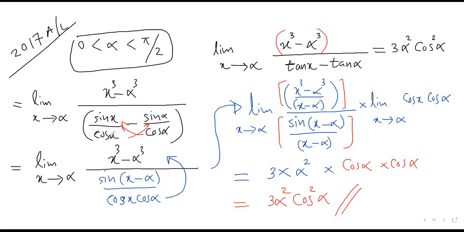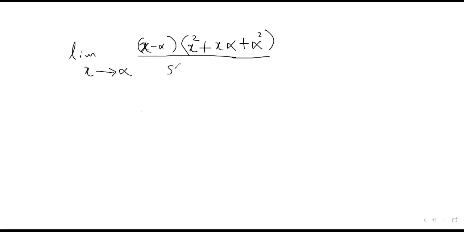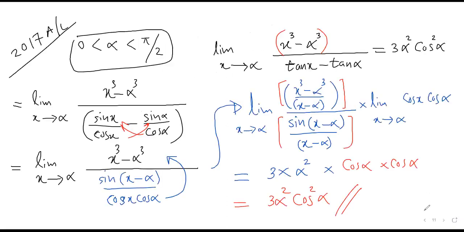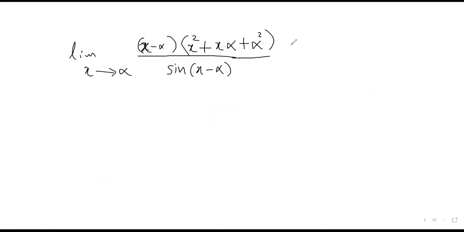මම ඒක ටක් ගාලා ගන්නම්, cross multiply කරලා ඉන්න නැතුව, sin x minus alpha. That denominator is going upwards, cos x cos alpha into cos x cos alpha.